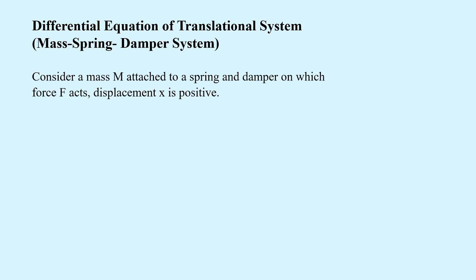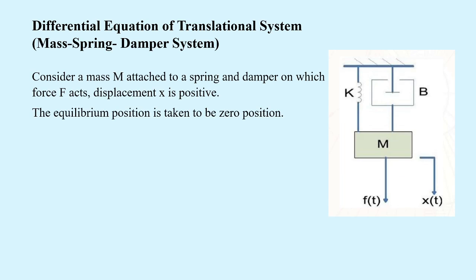Differential equation of translational system, it is known as mass spring damper system. We consider the mass m attached to a spring and damper on which force F acts, displacement x is positive in this direction, and force F also works in this direction. The equilibrium position is taken to be the zero position.